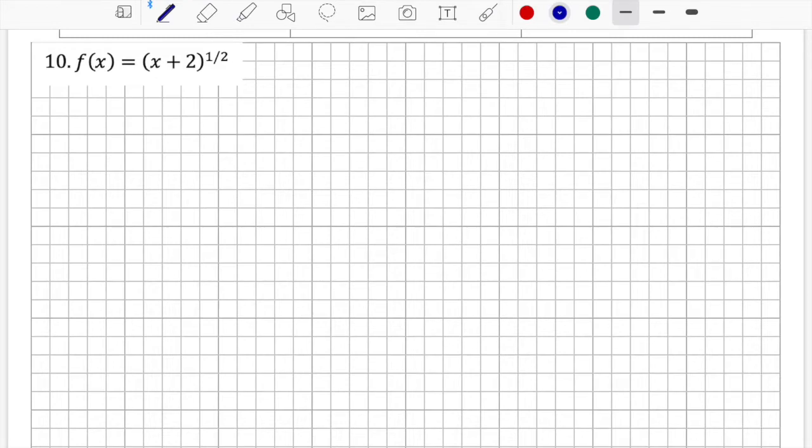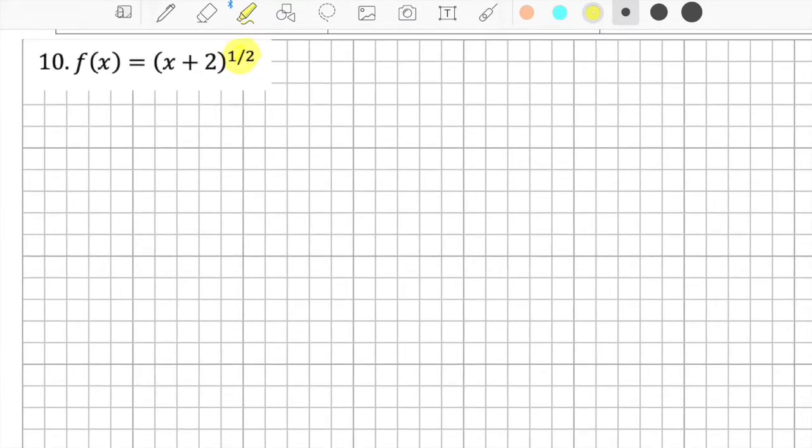Okay, one more problem like this where we want to find where the function is continuous. Now let's see. This one is a radical in disguise. Remember that if the exponent is a fraction or a rational exponent, then that tells me that the function has a radical.